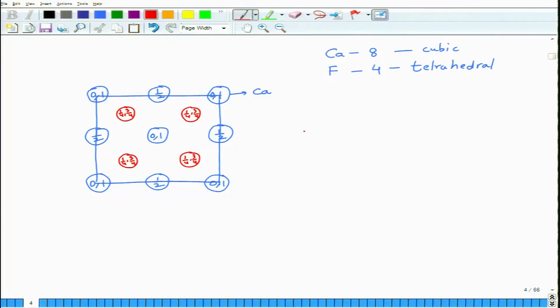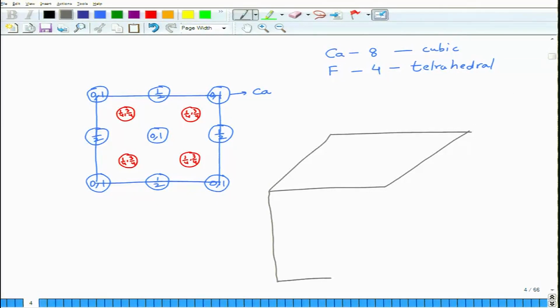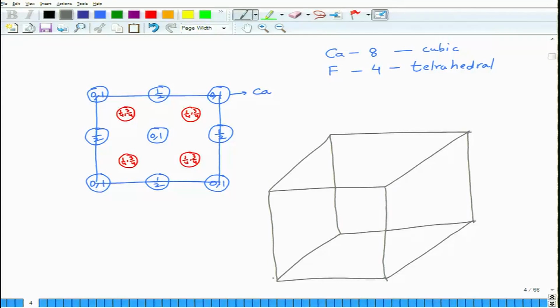Let us say I draw a unit cell which is something like that. Now, this is a bit complex unit cell.